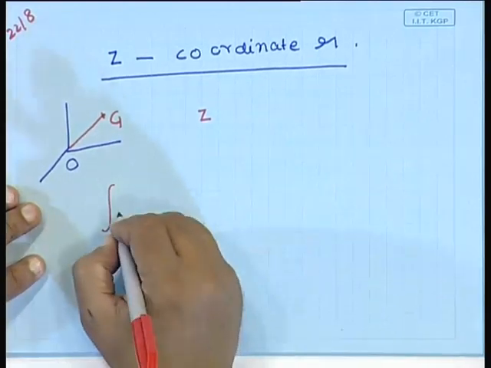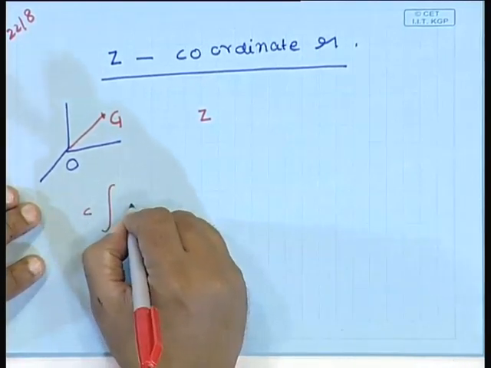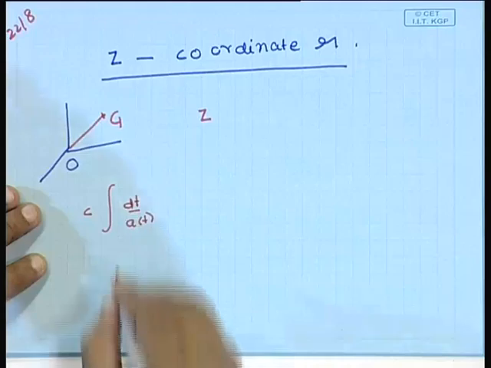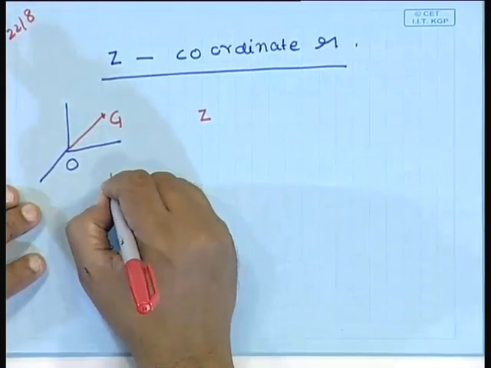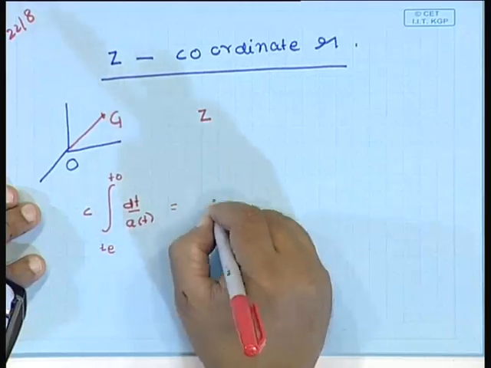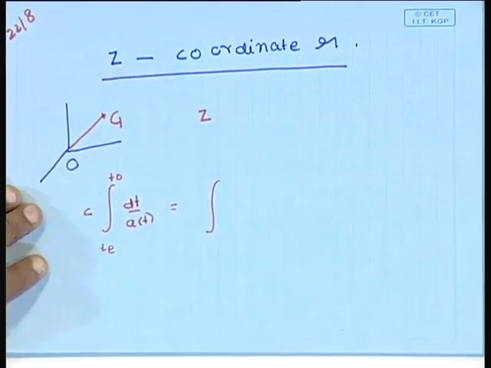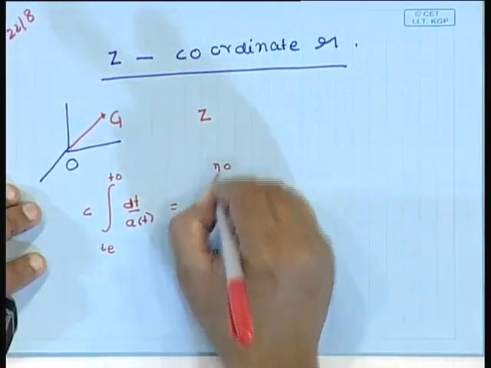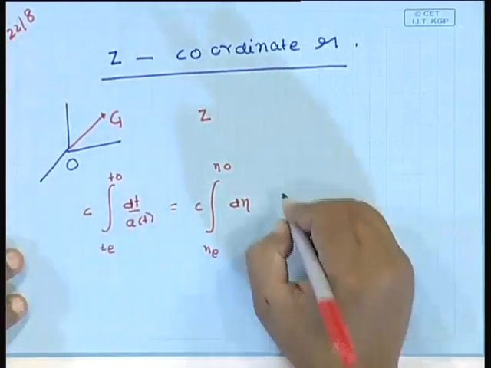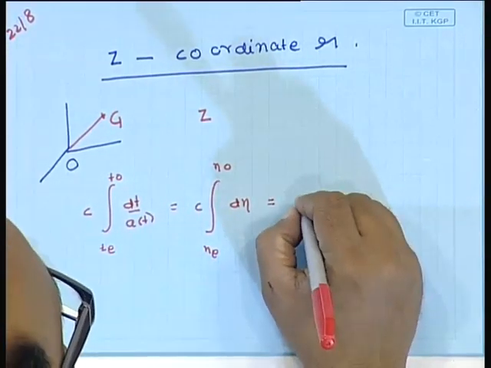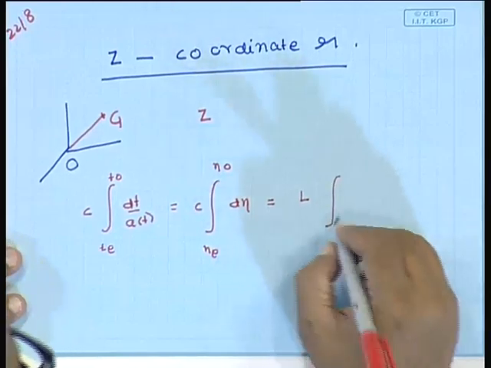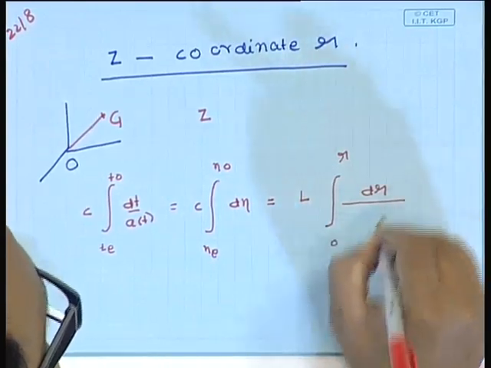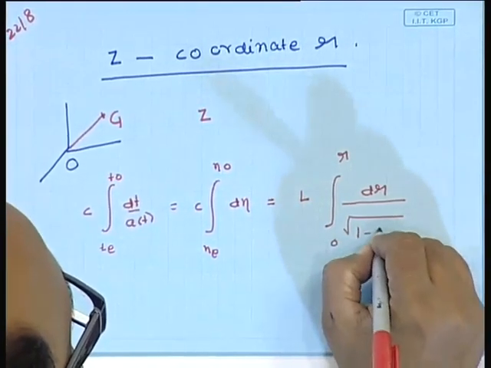The integral of c dt by A(t), from t emitted to t observed, is equal to the integral of c d eta, from eta emitted to eta observed, that is how d eta has been defined, and this is equal to the integral from 0 to r of L dr by square root of 1 minus k r square.